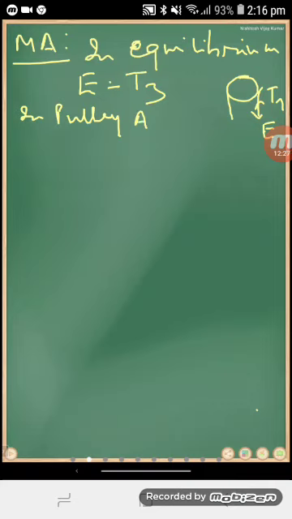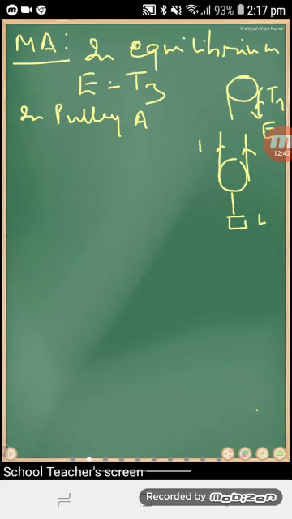In pulley A, if I draw the pulley A, here we had the load L, and on both the arms we have T1 and T1. So load L will be equal to T1 plus T1.